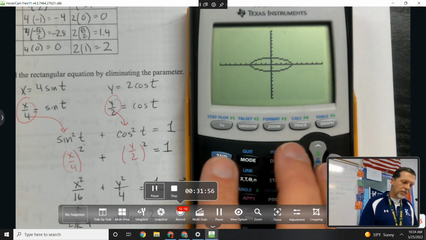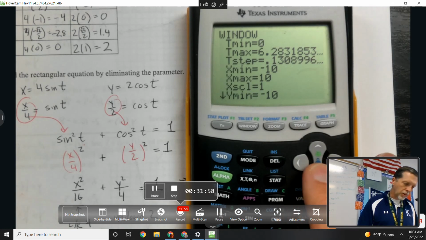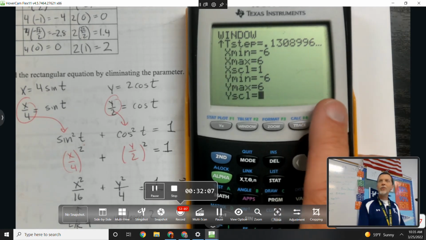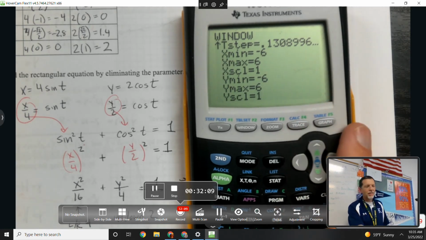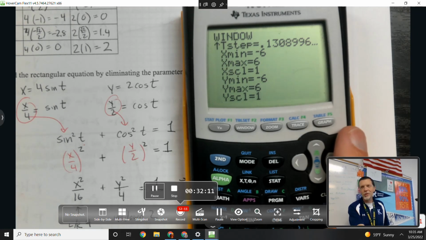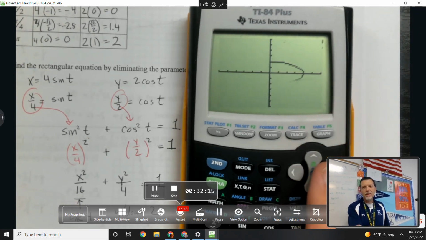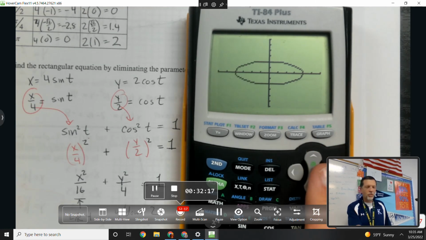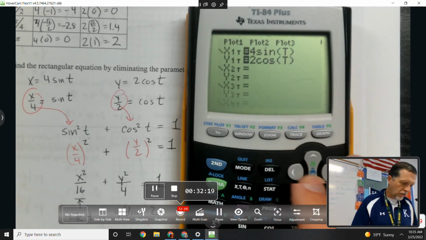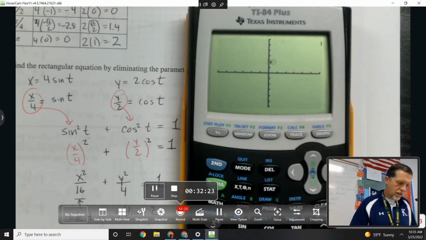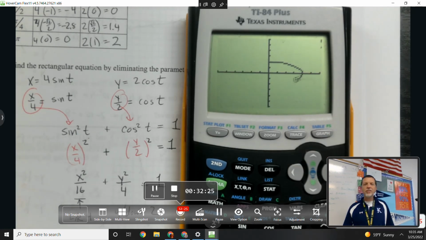If I change my window a little bit to make it do it again, watch when I hit graph, it will graph it in order. Usually you don't pay attention to the order because it doesn't matter, but since this one has an order, it graphs it in order. Actually, you can slow the order down too over here. It slows it down and traces it out for you.